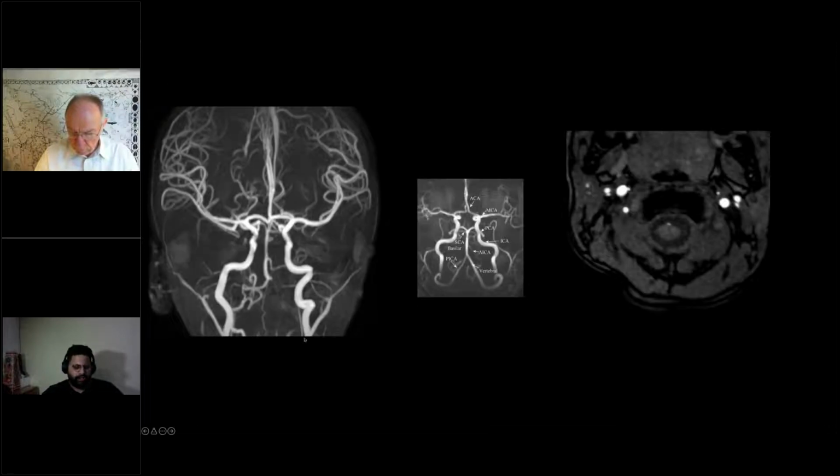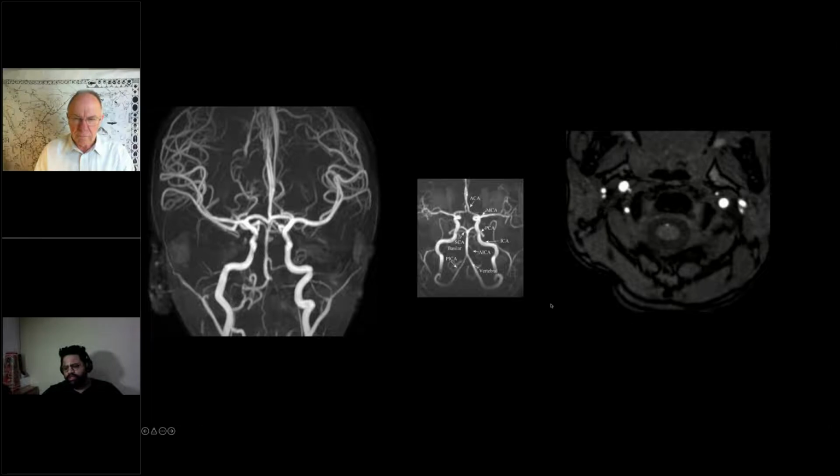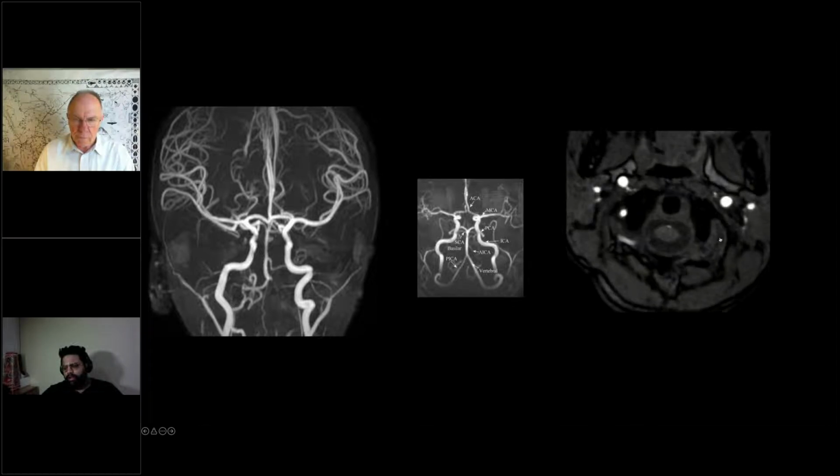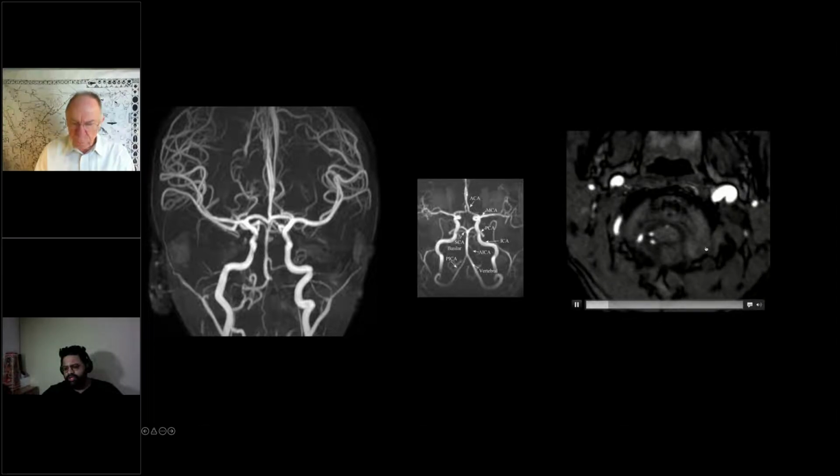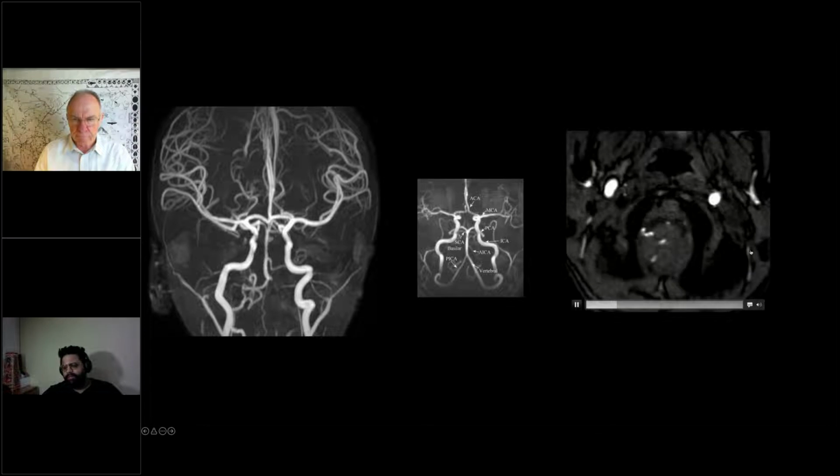This is the angio, and on the MIP images, you can appreciate that the left vertebral artery is not visualized. The PICA on the right also was not visualized. The superior cerebellar artery, which is this on the left side, is not visualized on the right, and also the ICA is not visualized on the right. I'll just play the source images. And as you can see, the right vertebral artery is visualized, whereas the left vertebral artery is not visualized.